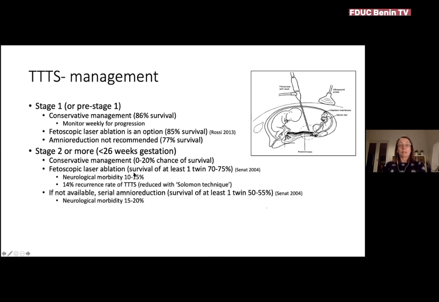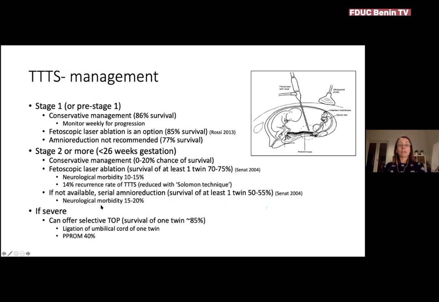If laser ablation is not an option, then serial amnioreduction does give a survival of at least one twin of 50 to 55%, and that's better than conservative management in stage 2 or more. And it has a higher rate of neurological morbidity than laser ablation, but still a reasonable chance of intact survival for the remaining twin.